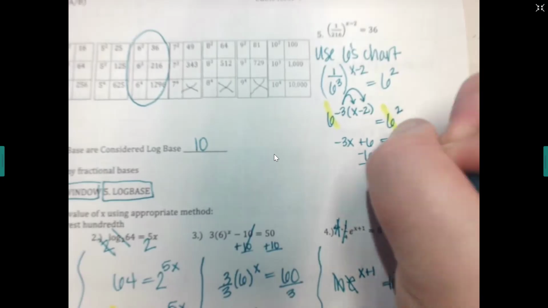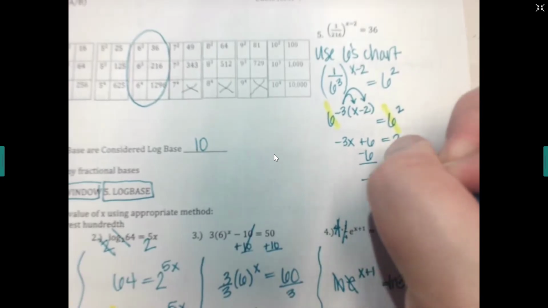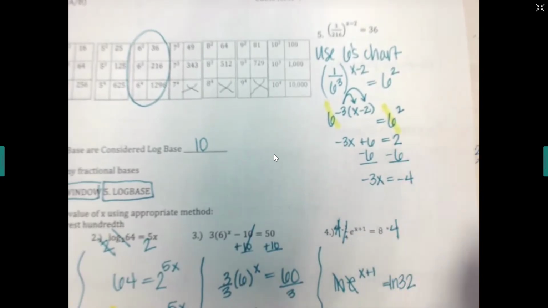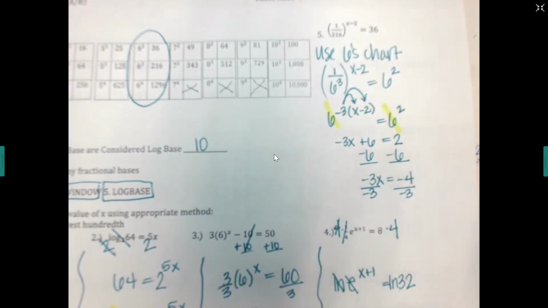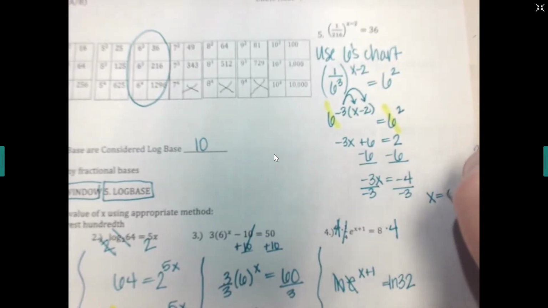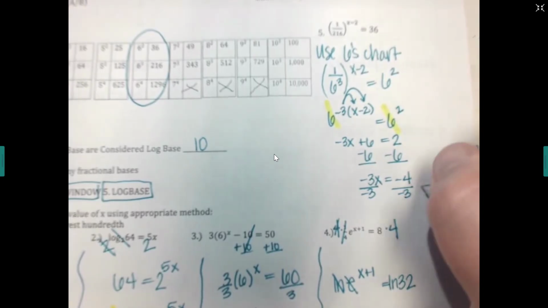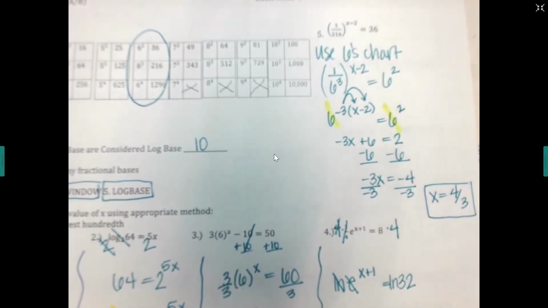Minus the 6. 2 minus 6 will give me a negative 4. And then divide that minus 3 across. So your x for that would be 4/3. Okay, notice that if they're both negative, then they're going to cross each other out.